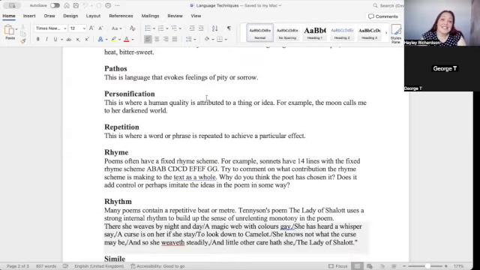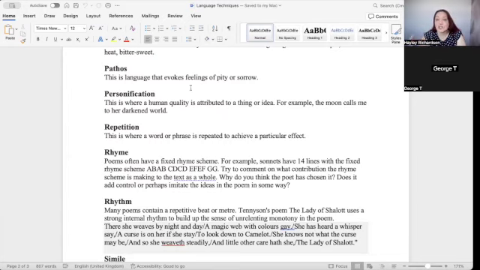Pathos. This is language that evokes feelings of pity or sorrow. So instead of saying this bit is really sad or this bit is very sentimental or this section makes us as an audience feel a lot of empathy, we can say, for example, Eva Smith in An Inspector Calls, that Priestley uses pathos in the death of Eva Smith to make the family feel more guilty.